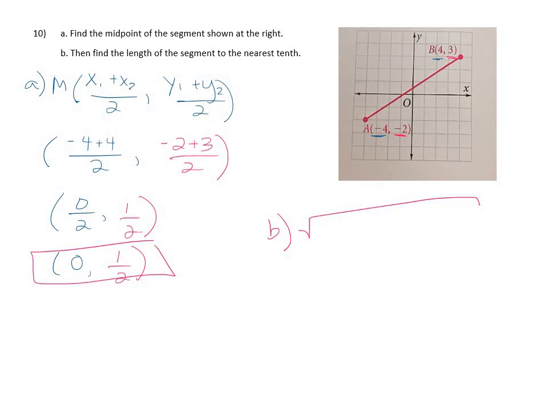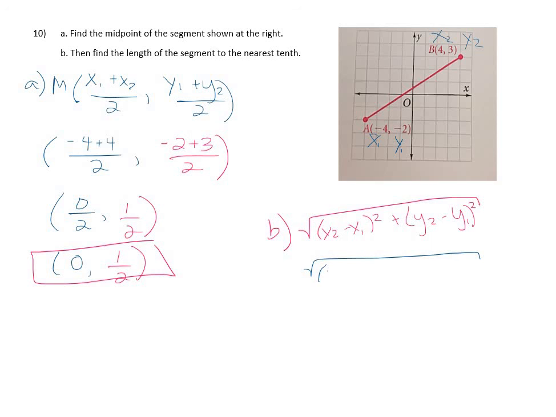And for part B of this problem, it says to find the length of the line segment. So that's going to be our distance formula, which is the square root of x2 minus x1 squared plus y2 minus y1 squared. For this problem, I'm going to label A to be x1, y1, and B to be x2, y2. If you label them opposite, you should notice that if you've done it correctly, we're still going to get the same answer.